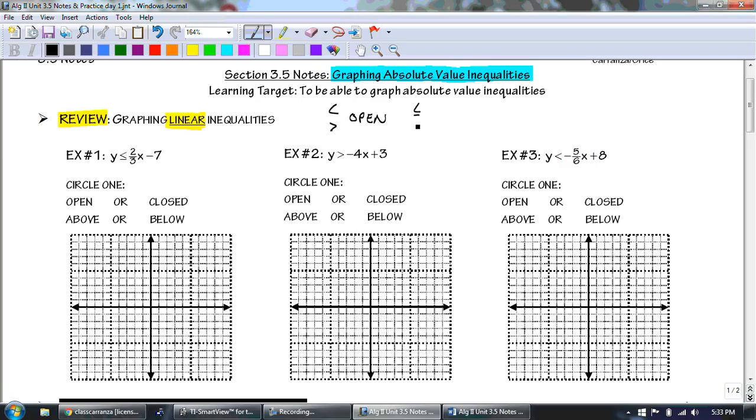When the line is underneath those, that's when it's closed. And to shade, above is the greater than symbols, either one, and below are the less thans.